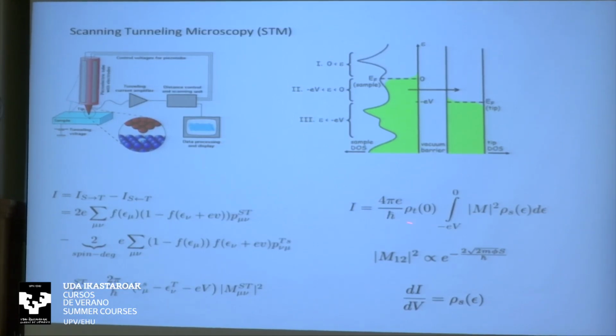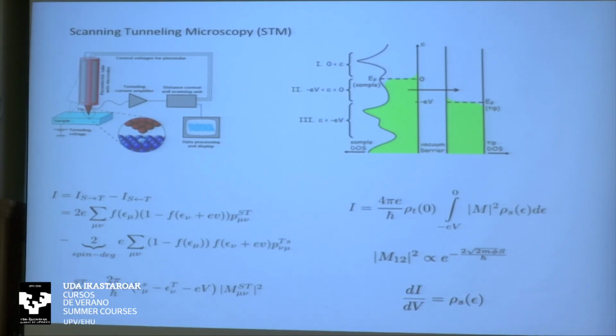Here we've already assumed that the density of states of the tip is boring, which we make sure of by preparing our tips on copper samples, so that the tips are metallic and nothing interesting happens on the tip side. The interesting stuff happens on the sample side, which then allows us to take the derivative with respect to the bias voltage, which we measure as the differential conductance, directly proportional to the density of states of the sample.